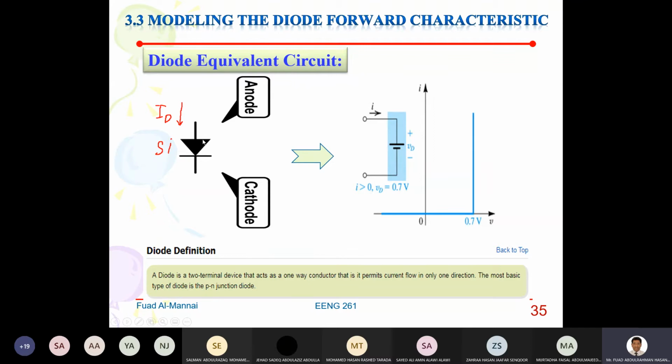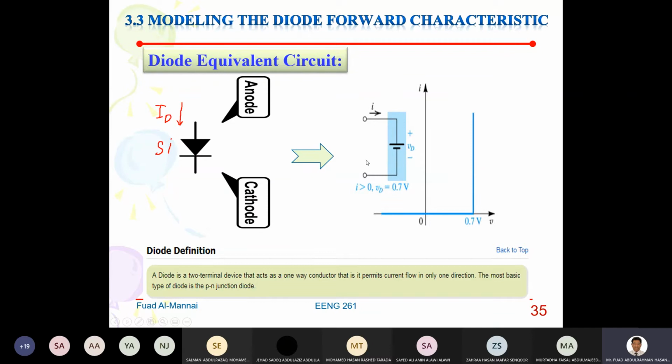Remember, this is the diode, this is the anode, this is the cathode, this is silicon, for example. As we said before, we can replace this diode with its equivalent model like this, which is a small battery equal to VD equal to 0.7. Why? Because it's a silicon diode.